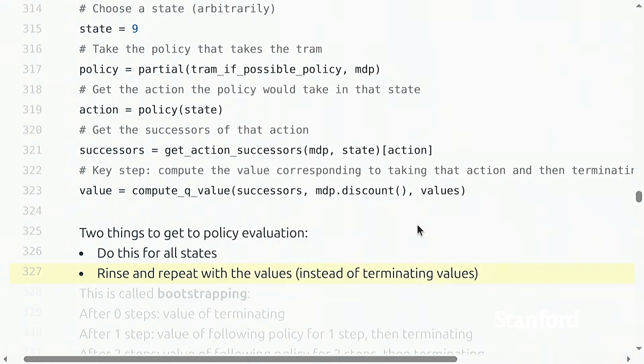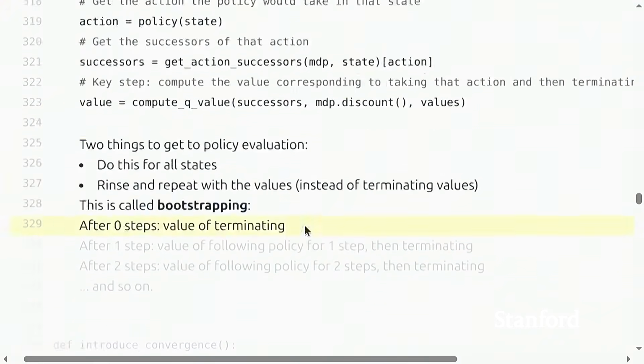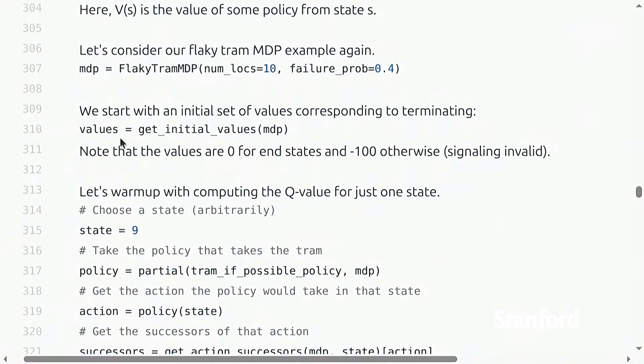So let me kind of explain this a bit better. So there's this idea called bootstrapping. And so after 0 steps, which is in the very beginning, these values are denoting essentially the value of just terminating. Okay?